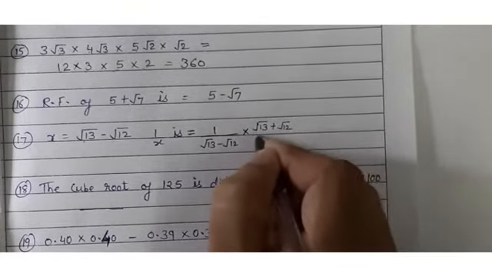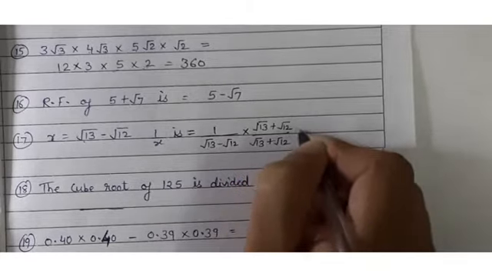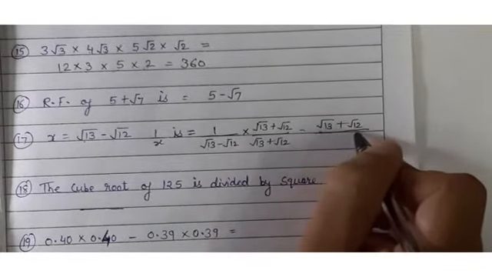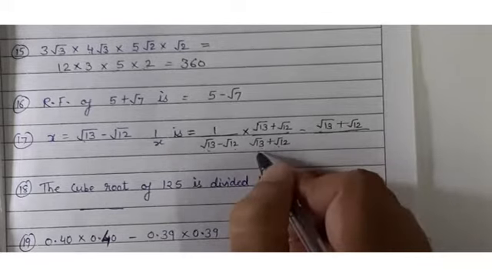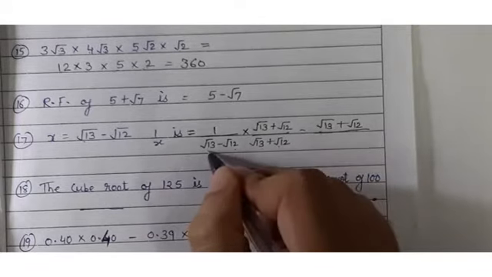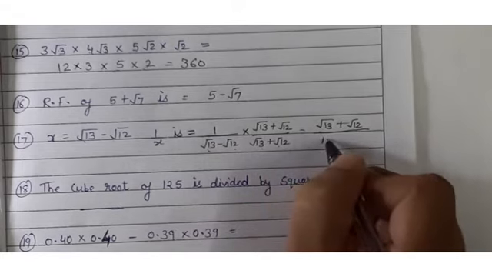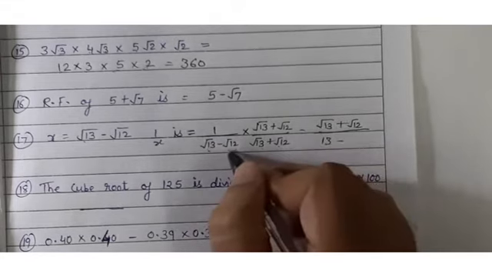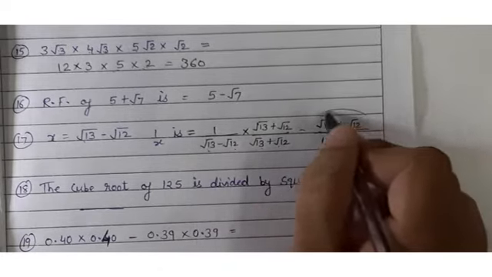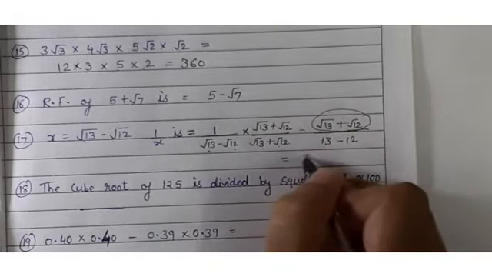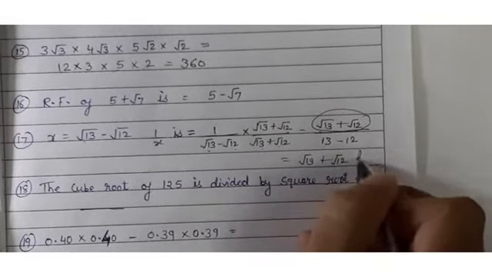So I am multiplying and dividing this. Numerator as it is, denominator a plus b into a minus b, a square minus b square. See, root 13 into root 13, 13. Then minus, root 12 into root 12 is 12. So this is your answer, root 13 plus root 12 upon 1. Okay, this is the answer.